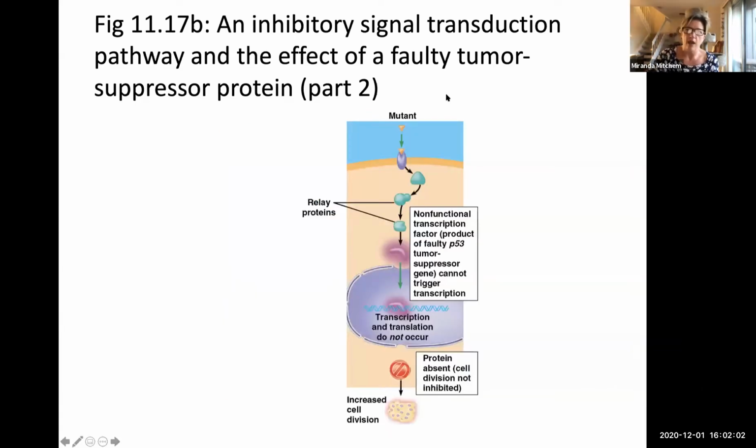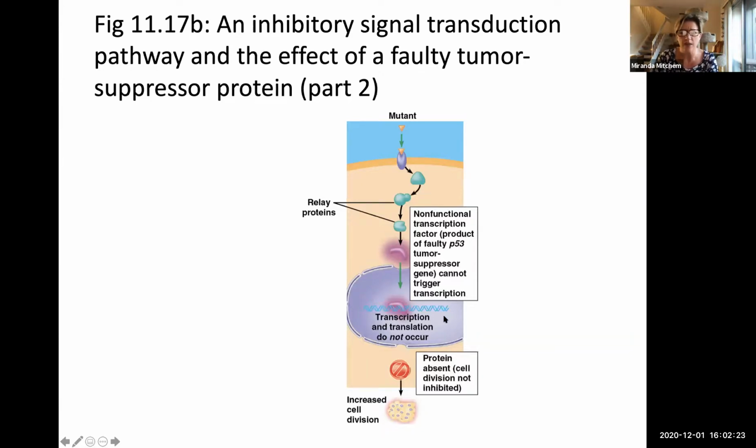When we have a mutant or faulty tumor suppressor gene, now we don't have the production of this normal P53 tumor suppressor gene because we don't have the proper protein to initiate the relay.